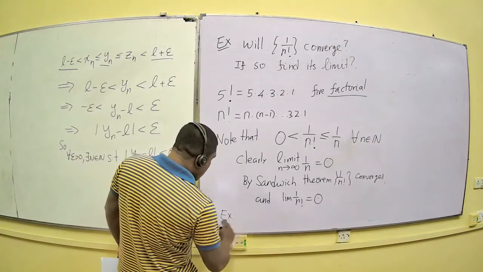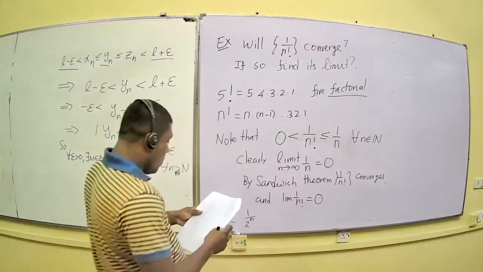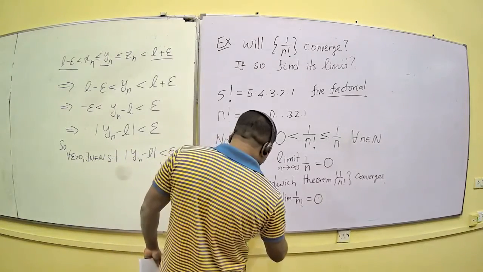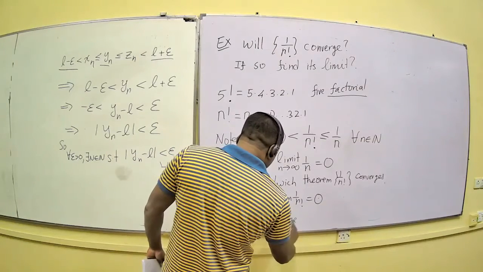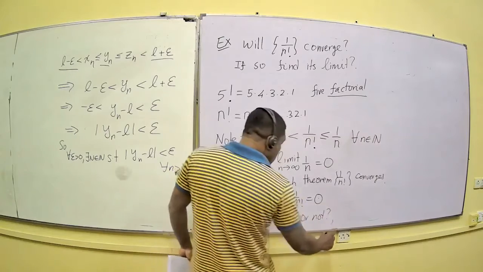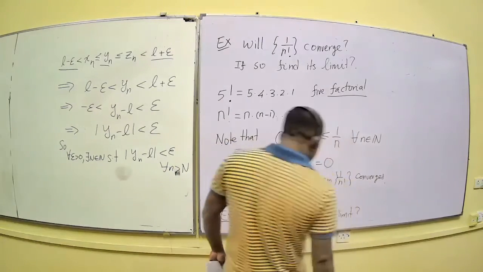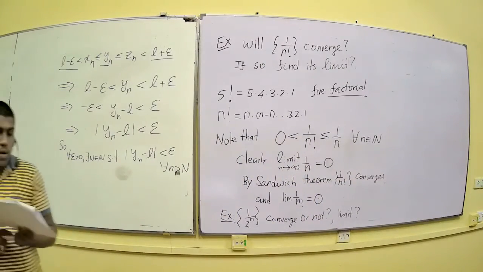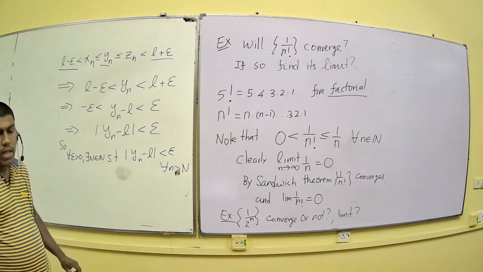Similarly, for 1 upon 2 to the power n. As homework, you check whether the sequence 1 upon 2 to the power n will converge or not.